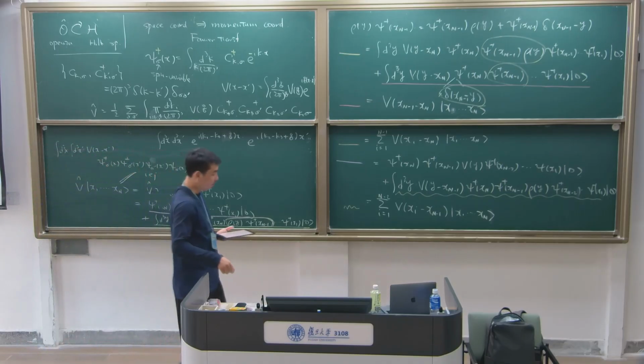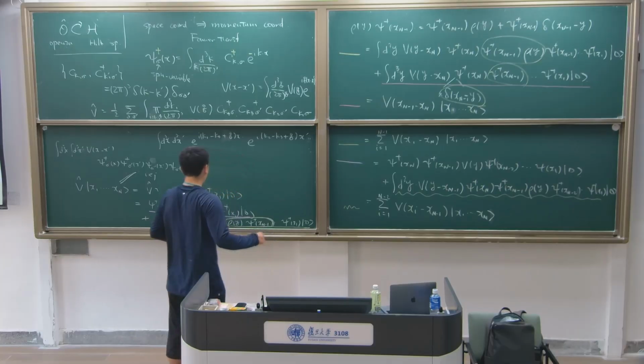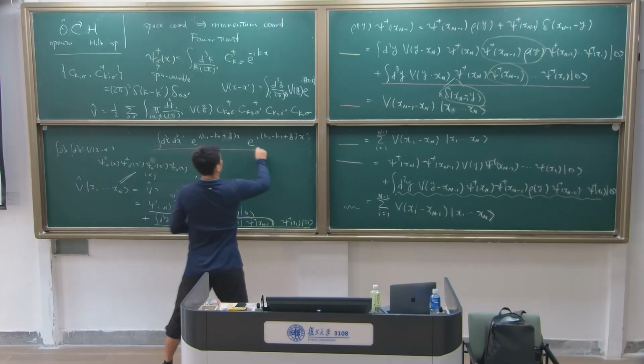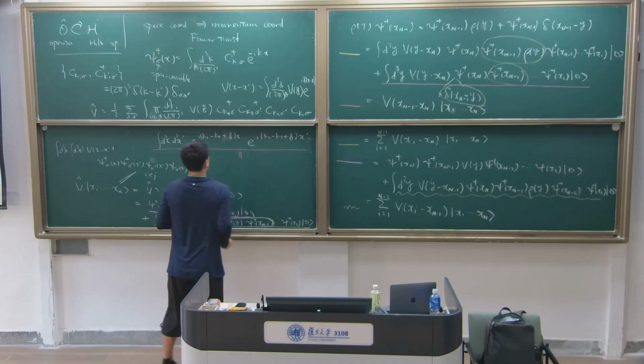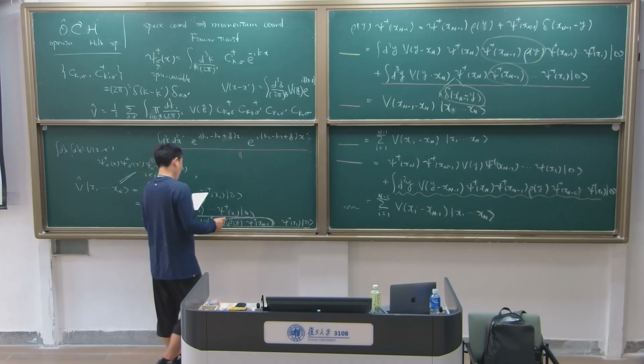And now you can perform Fourier transformation for this part. This part, you can do the Fourier transformation. I just perform the integral. This will give you the delta function.